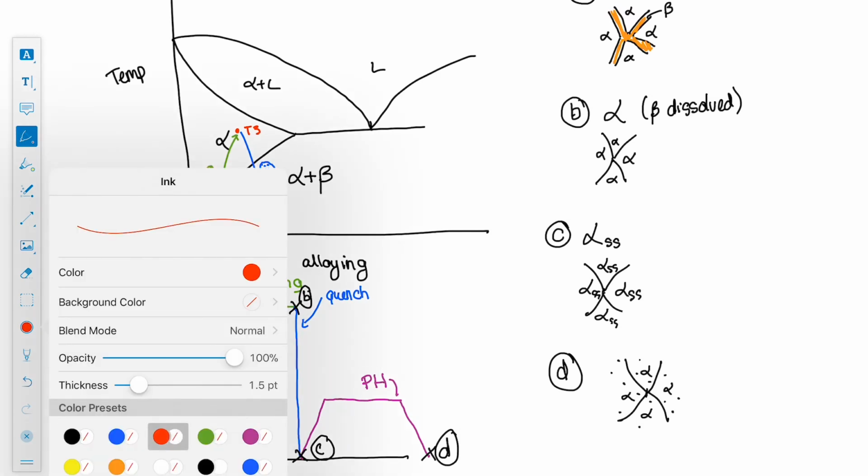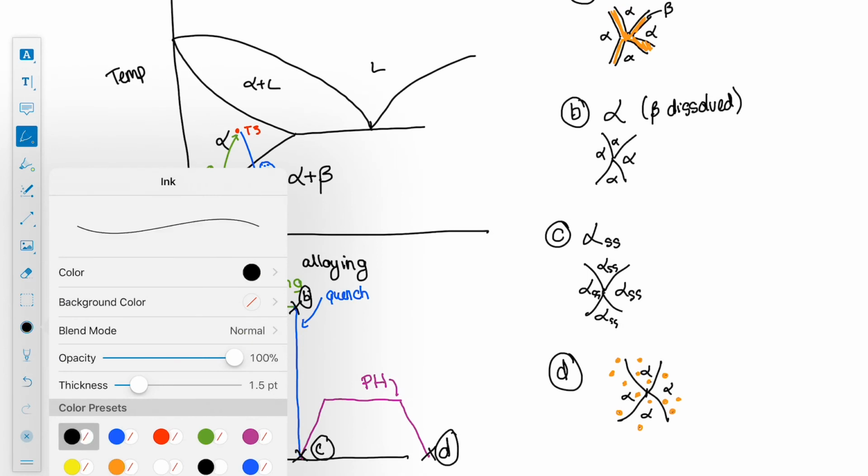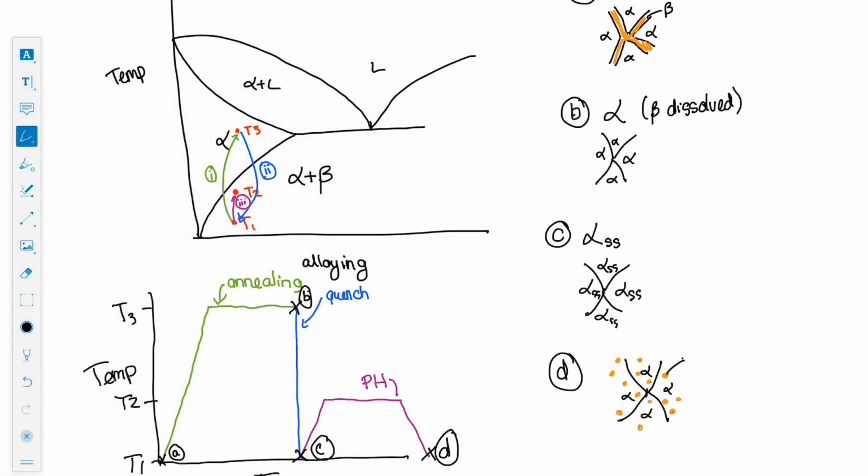So let's make them yellow again. Yeah, there we go. Now we can see them. And so those yellow guys, those little particles that are nice and dispersed, these are our nice little beta precipitates. And so this is retained upon cooling.